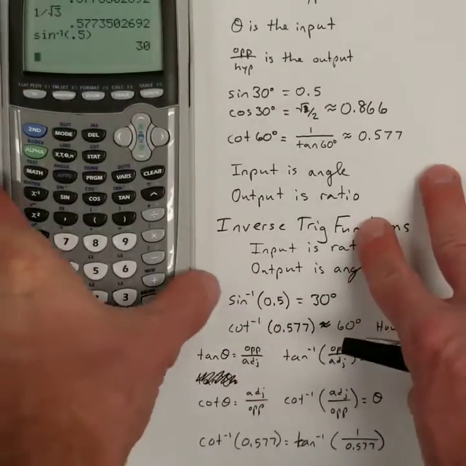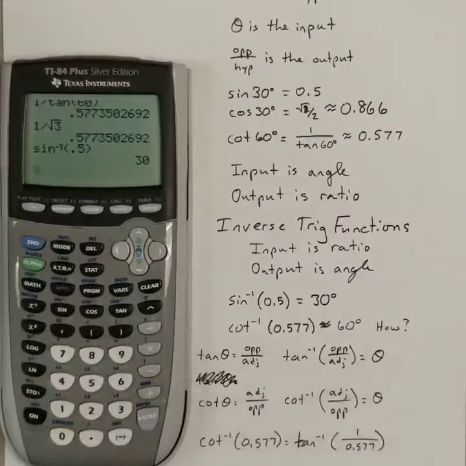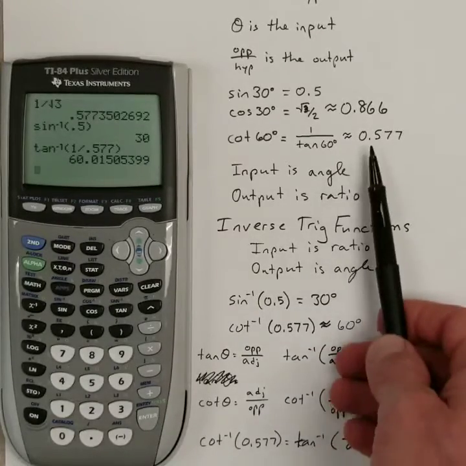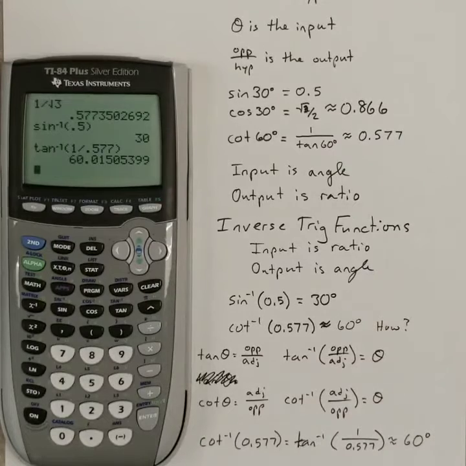Let's double check that on the calculator to make sure it works. If I type in the inverse tangent of 1 divided by 0.577, that gives me very close to 60 degrees. It's off a smidge, so we'll say approximately 60 degrees. That little bit that it's off is due to the rounding that we did with that initial 0.577.